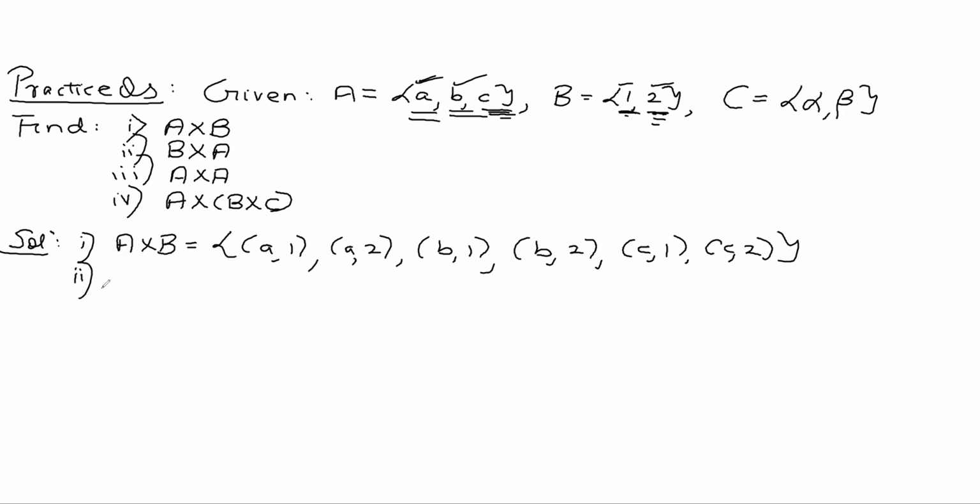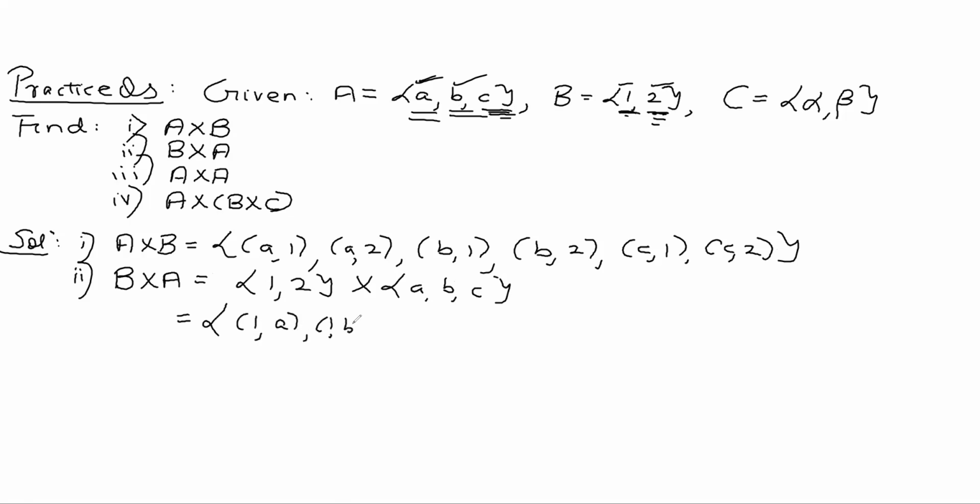Now if I find B cross A, B is {1, 2} and A is {a, b, c}. So B cross A will be (1,a), (1,b), (1,c), (2,a), (2,b), (2,c).